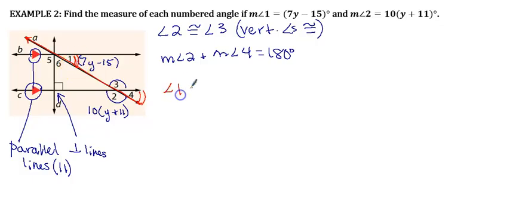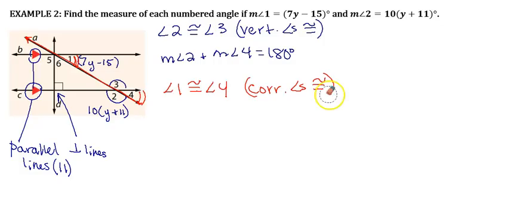So angle 1 is congruent to angle 4, and do you know the name of those positions? They're both below the transversal and on the right. So this is corresponding angles are congruent. Corresponding angles of parallel lines.